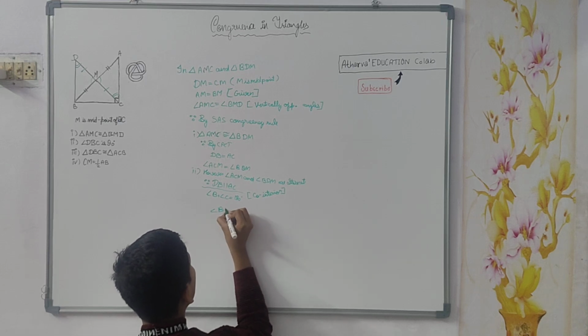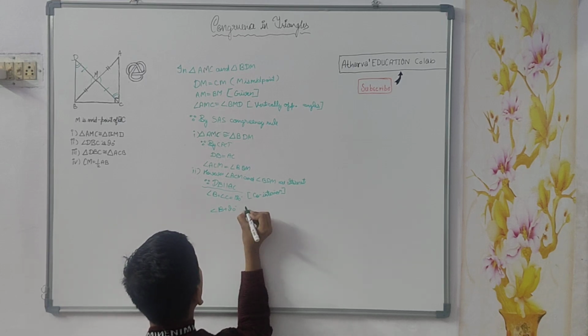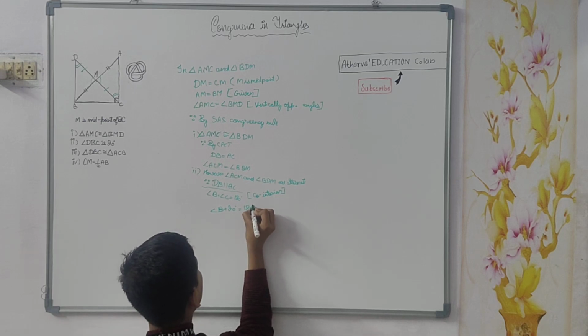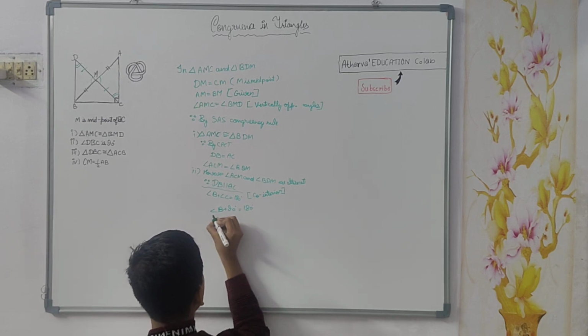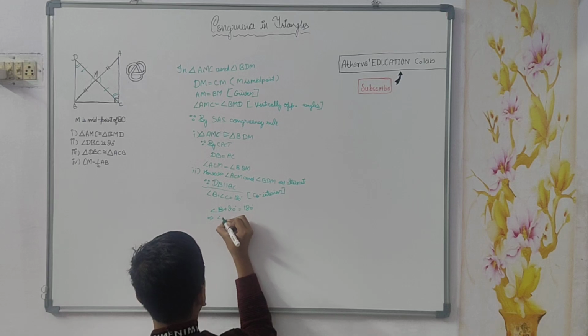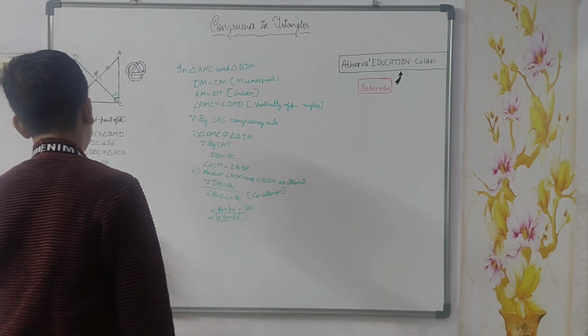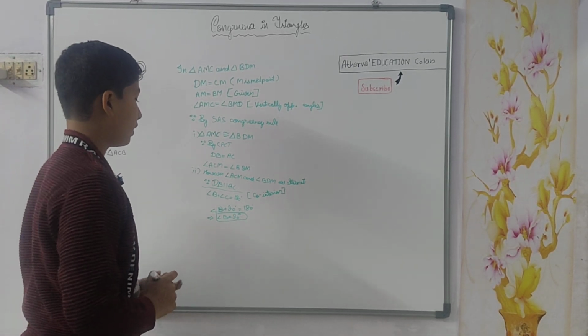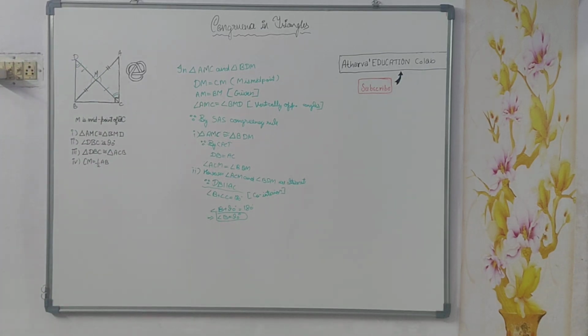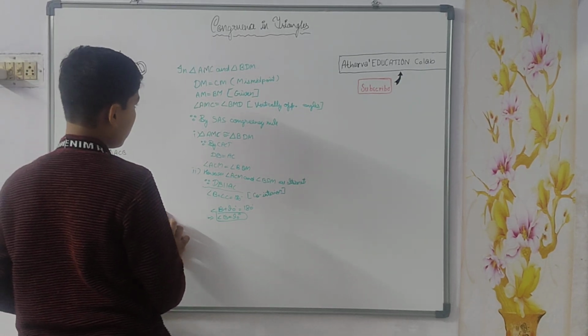Angle B plus 90 degree equal to 180 degree. Therefore, angle B equal to 90 degree. Angle B and angle DBC are the same. Okay. Now I will have to erase it first. Let me erase it.